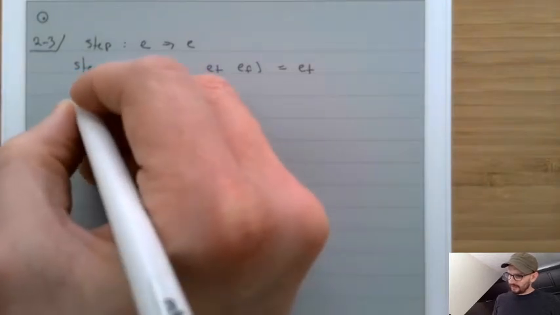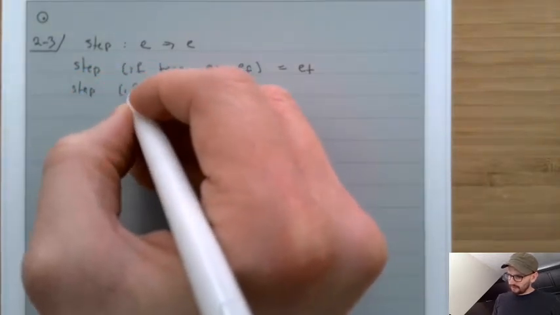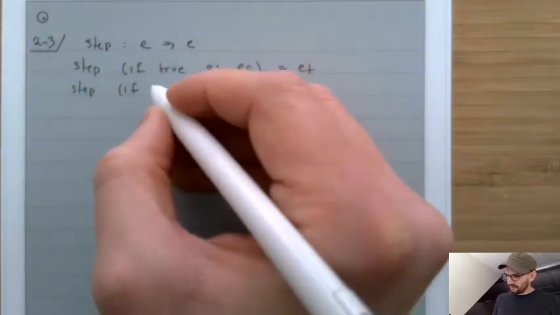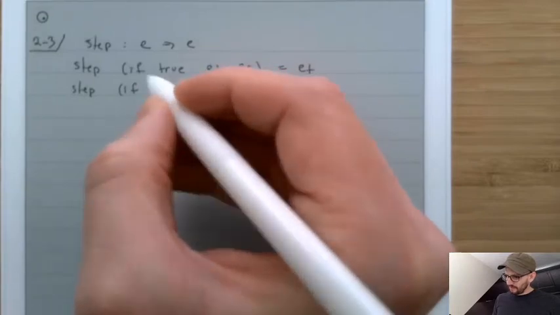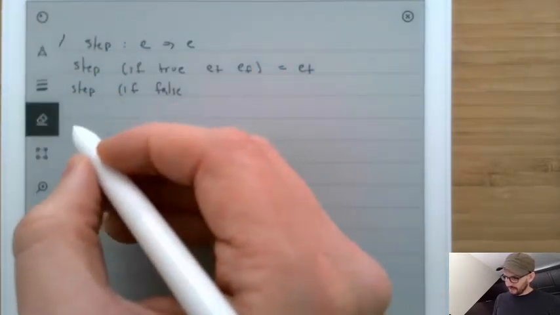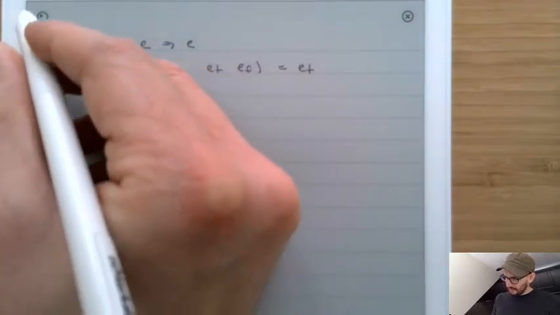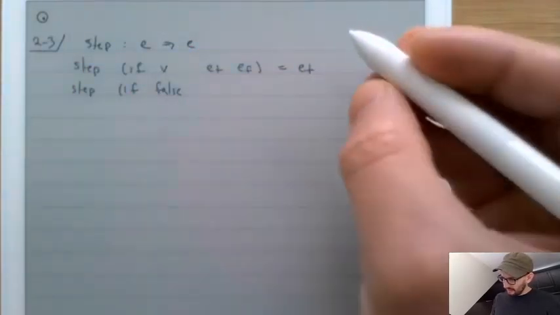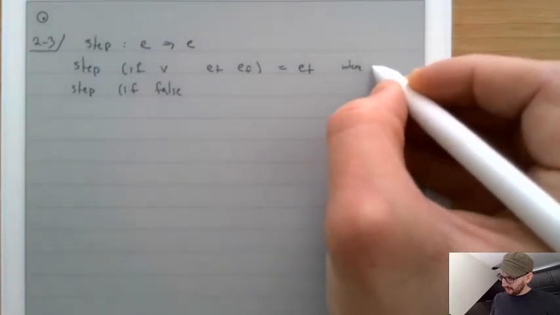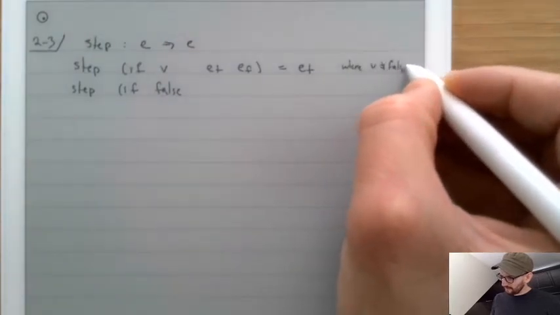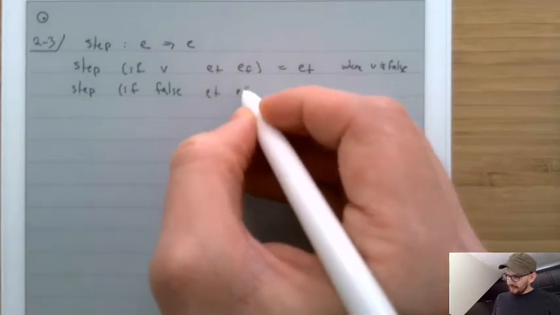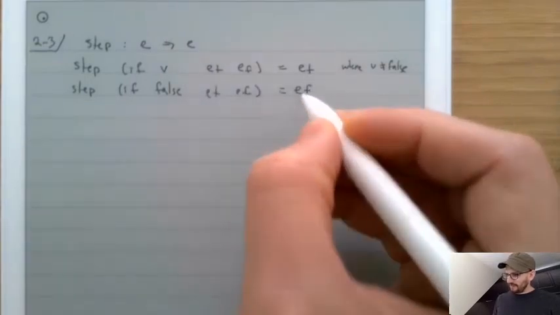If you call step with if false, really, if I want to be more precise, I should write this the following way. I should say v where v is not false, et ef, then it is ef.